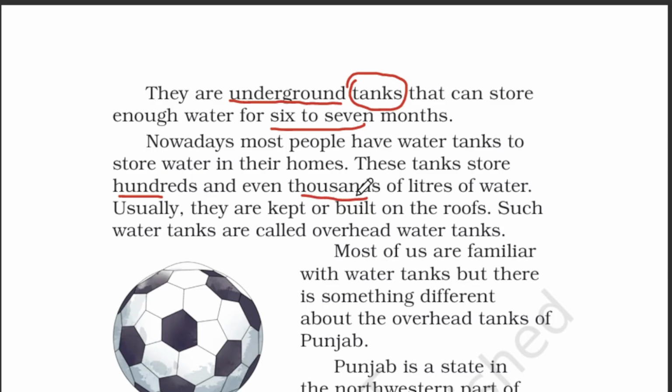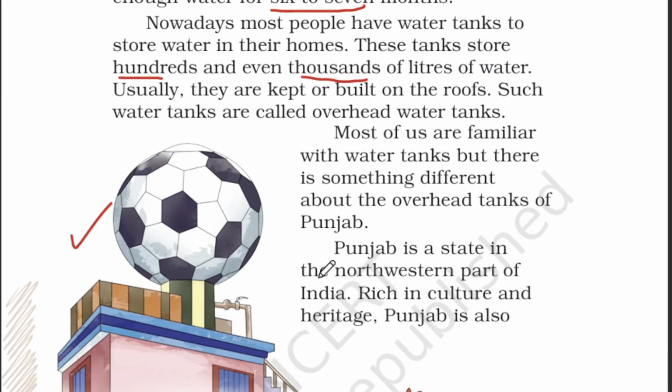It depends upon the size of the tank. Okay, next. Usually they are kept or built on the roof. So look at this image. Normally we can see underground water tanks also, and in most houses we will have the water tank on the roof of the building.